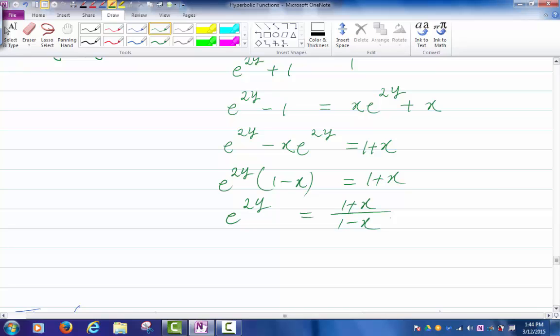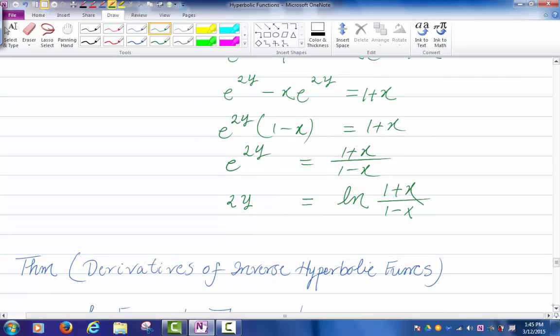Okay, how do I find y from here? Yeah, you apply log, and if you apply log on the left hand side, you are going to get 2y, and if you apply log on the right hand side, you're going to get log of 1 plus x over 1 minus x, and finally y would be what? Let me just say y is half of that, as I am out of space here.